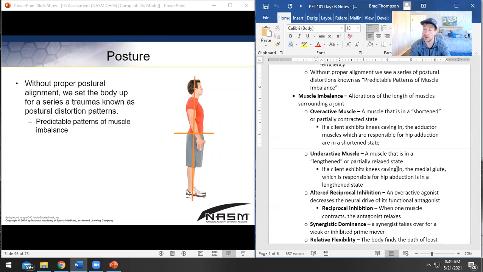So we're either going to see pronation distortion syndrome, lower cross syndrome, or upper cross syndrome. All of those things are important to pay attention to, because that just means that's somebody whose muscles are a little bit overly developed on one side of a joint and a little bit underdeveloped on the other side of the joint. And so they have an imbalance there, right?